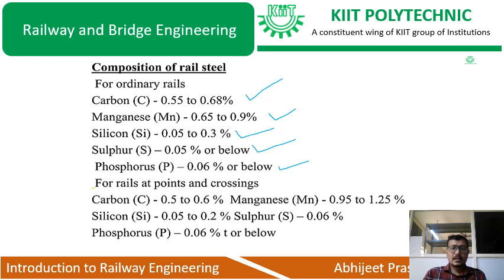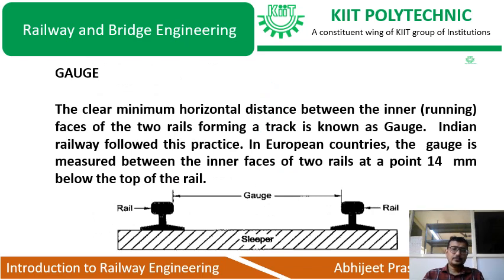For rails at points and crossings: carbon 0.5 to 0.6%, manganese 0.95 to 1.25%, silicon 0.05 to 0.2%, sulfur 0.06%, phosphorus 0.06% or below.